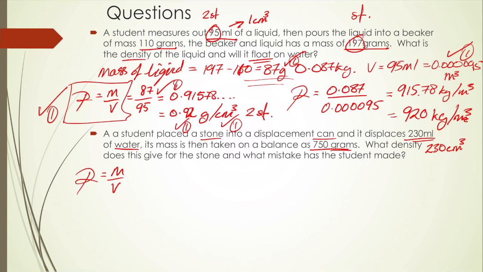We've got the mass straight there, which is 750, divided by 230, the centimetres cubed part. That gives us a density of 3.2608 grams per centimetre cubed, and with 2 significant figures there and 2 there, it's 3.3 grams per centimetre cubed.